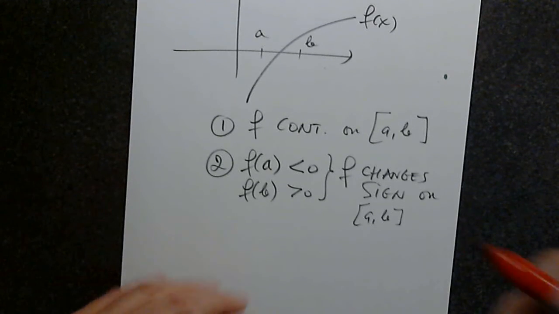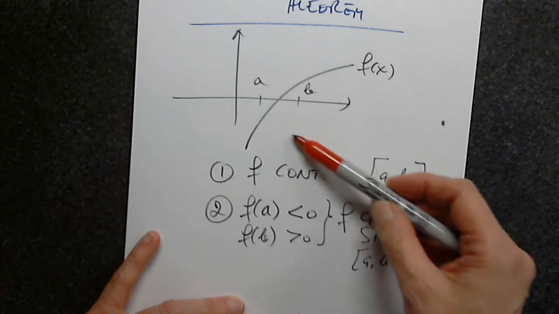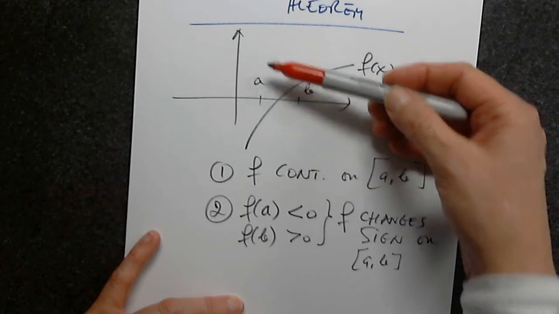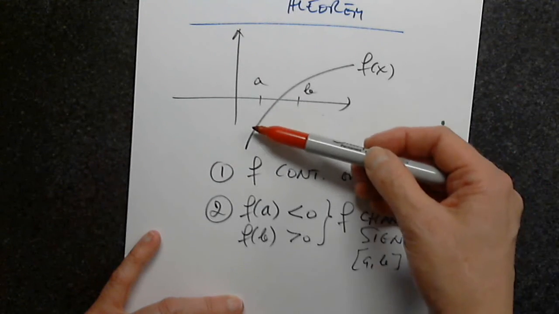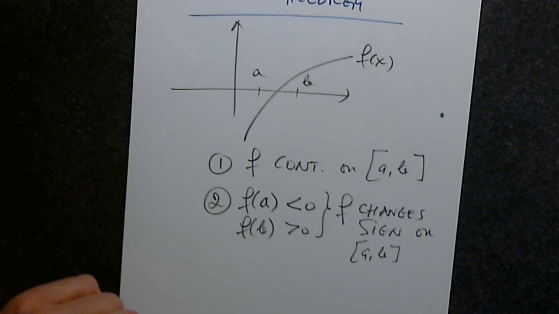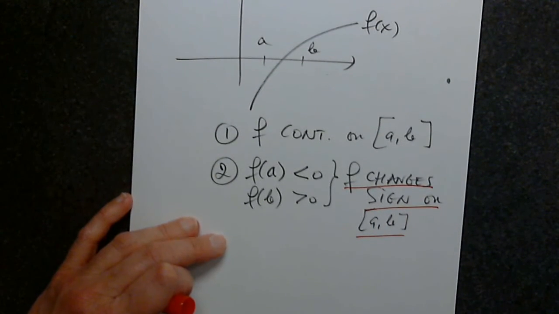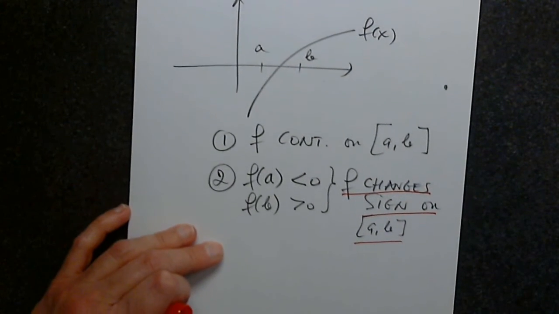It could be this, or it could be this, right? It could have f of a positive and f of b negative, or f of a negative and f of b positive. One or the other. In other words, f changes sign on a comma b. Would you agree with both hypotheses?